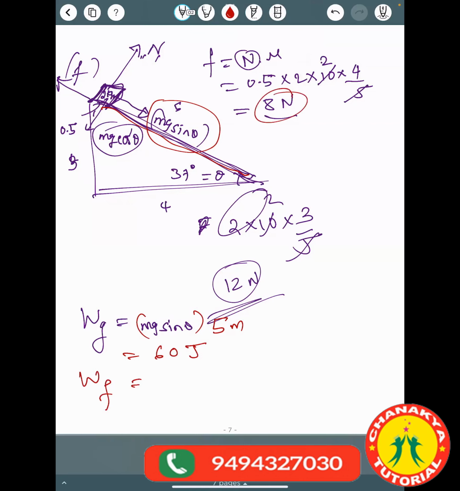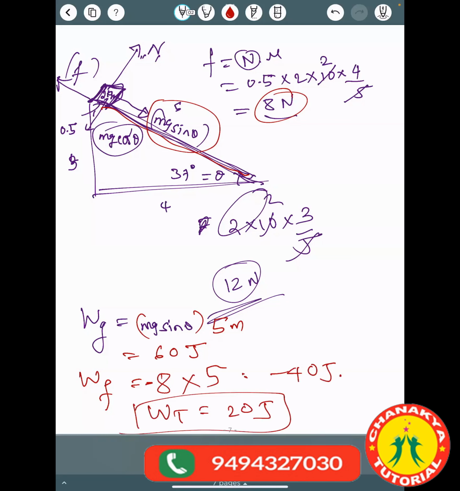Friction force we calculated 8 into displacement 5 with negative sign, minus 40 joule. So here total work done will be 20 joule. Any doubt in this question? No, sir. No doubt, guys? No, sir. Okay, all right.